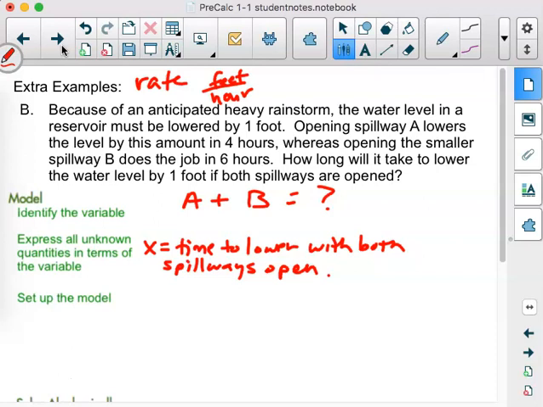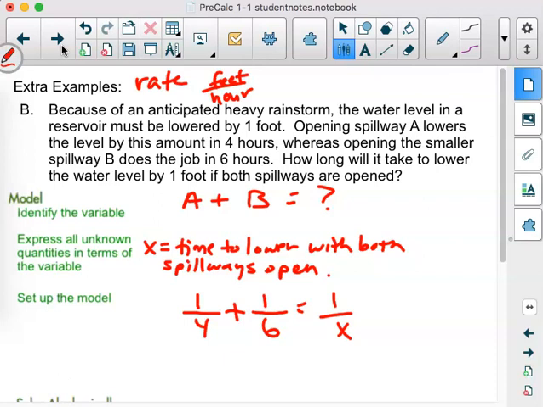They want that water to drop 1 foot. So for A, it's 1 foot in 4 hours. For B, it's slower, must have smaller pipes, 1 foot in 6 hours. But together, how long will it take for that same 1 foot to fall?